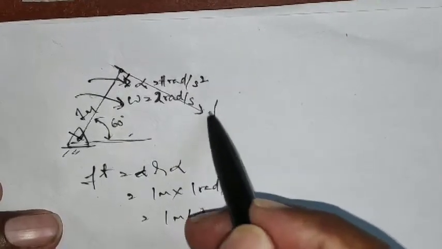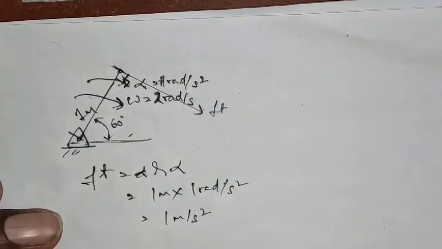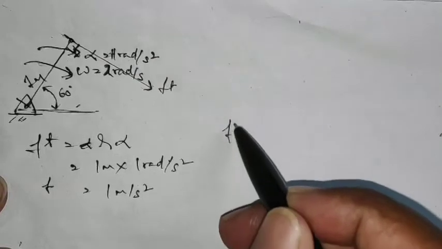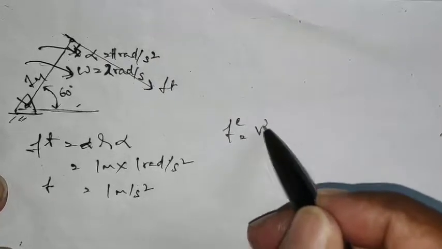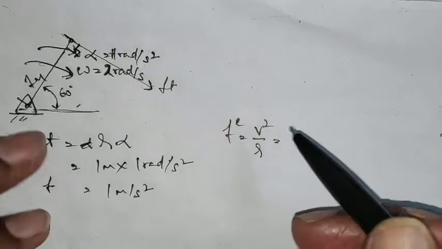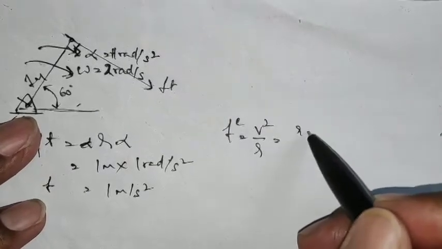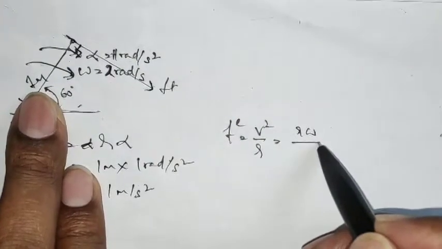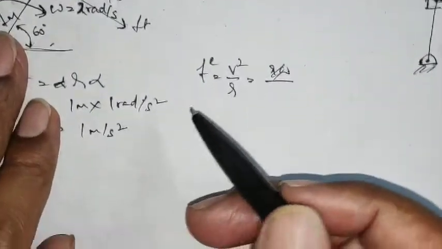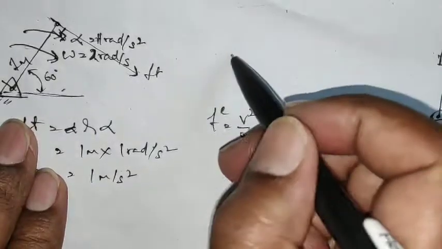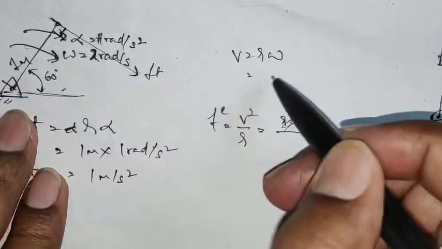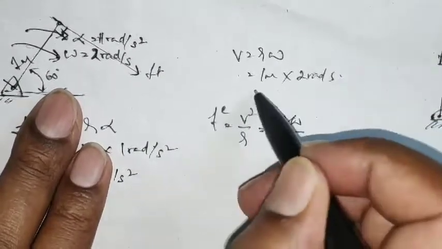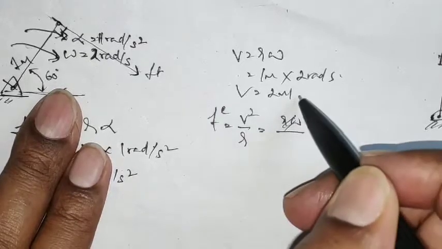This is the tangential acceleration in this direction, and similarly the centripetal acceleration fc is given by v square by r. What is v? v is nothing but r omega. So we can calculate the value of v first: r is 1 meter and the angular velocity is 2 radians per second, so v is 2 meter per second.